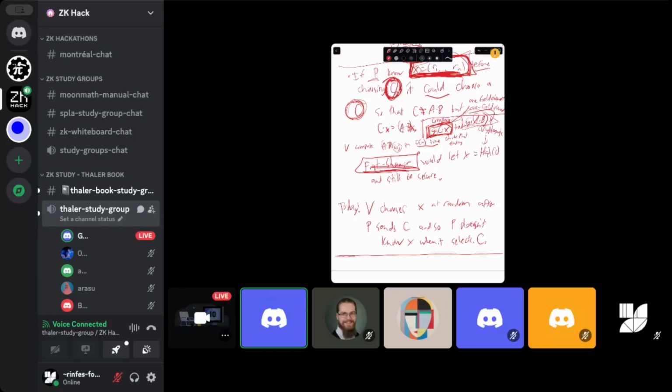Is it okay to say that in this last approach, we are going from the function to committing to the function? Well, there's no cryptography here.